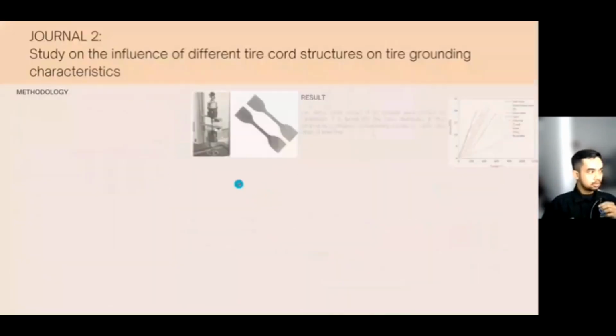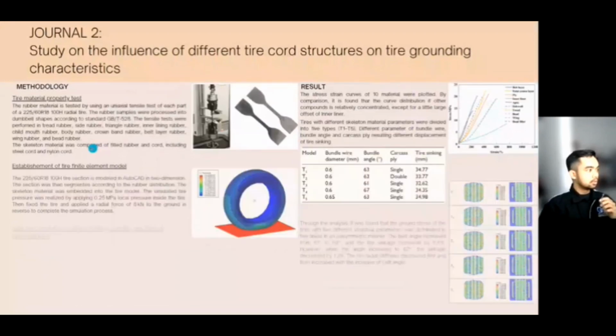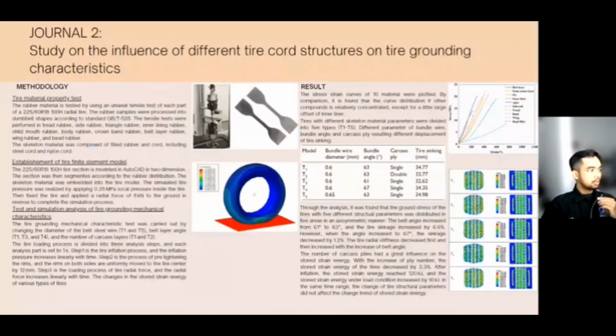The first methodology is the tire material property test. The rubber material is tested by using the uniaxial tensile test of each part of the 225/60 R18 100H radial tire. The rubber is processed into dumbbell shape according to GB/T 528.